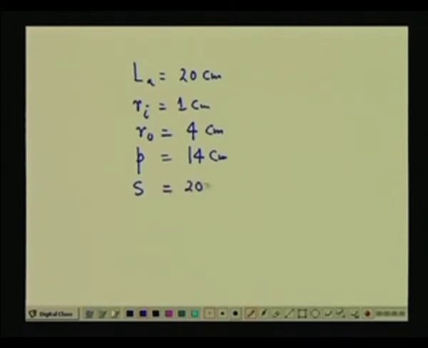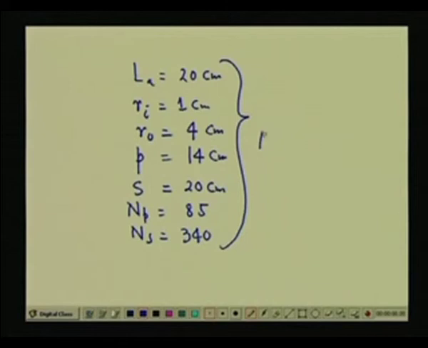Complete design of LVDT: LA equal to 20 centimeter, RI equal to 1 centimeter, RO equal to 4 centimeter, primary length P 14 centimeter, S is 20 centimeter, number of turns in the primary is 85, number of turns in the secondary is 340. So, this is a complete solution to problem number 12.3.